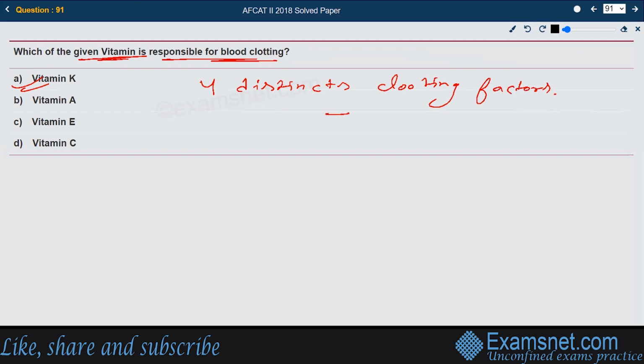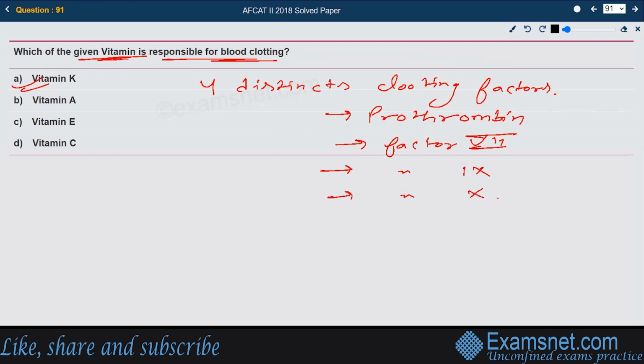What are they? The first one is prothrombin. The second one is factor 7, then factor 9, and then factor 10. These are the four factors. The right answer is vitamin K.